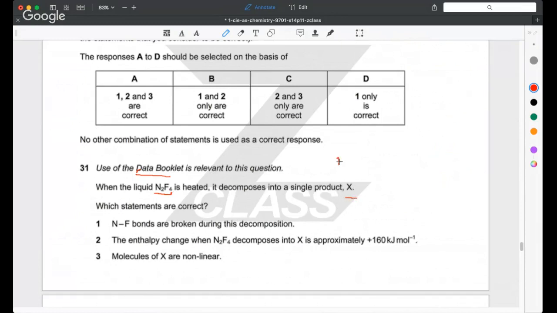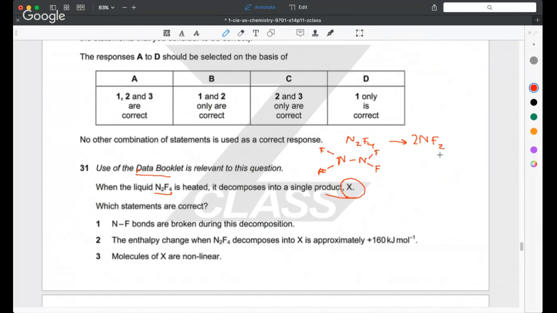And the most natural way of thinking about that is that you've got a dinitrogen tetrafluoride molecule, N2F4, and when you heat it, that's essentially a dimer, and that's going to be forming 2 lots of NF2, because it decomposes into only one product.